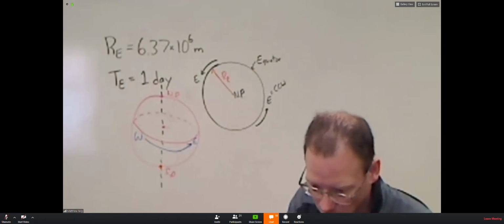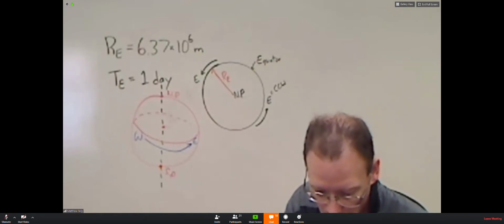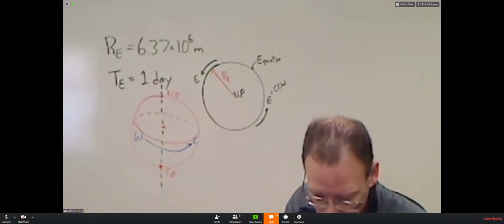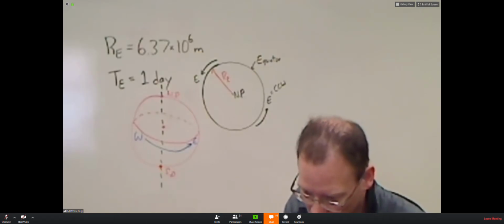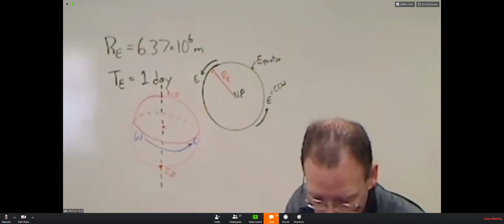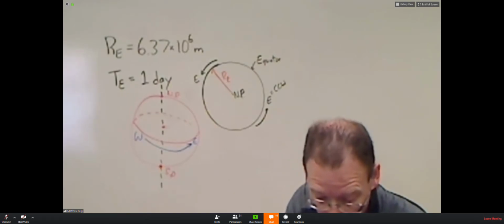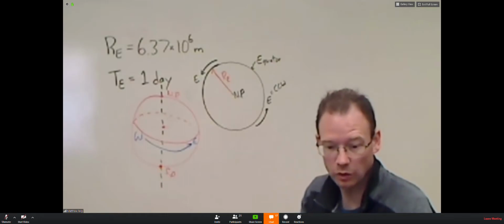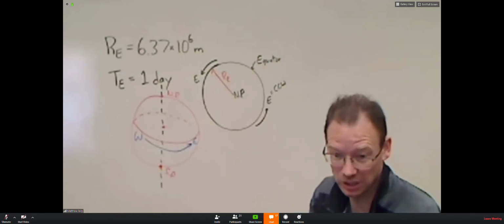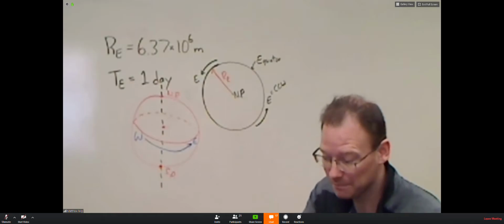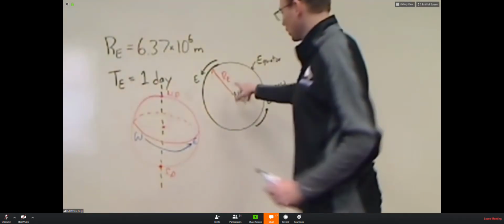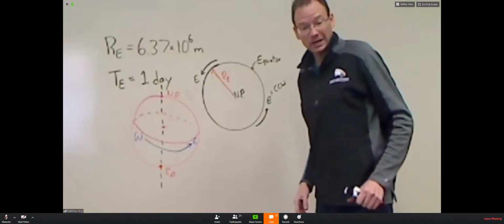We're going to try to calculate the centripetal acceleration of the equator due to the Earth's rotation. And we'll answer some other questions along the way, like what is the velocity at which the equator is moving? And then we'll do it again for other spots like the North Pole. Maybe we'll do it for Minneapolis.